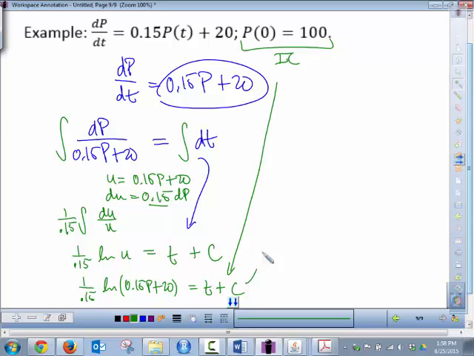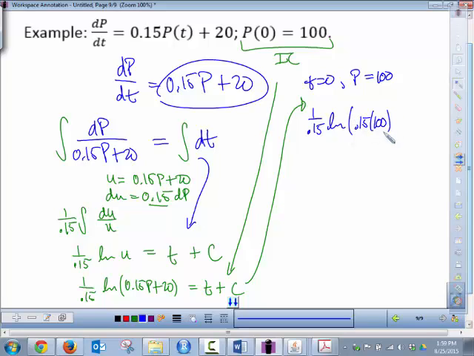So I'm going to put in my initial conditions, which was the t value is equal to 0. When t is equal to 0, your p value is equal to 100. So I'm going to put that in right now. That's 1 over 0.15 ln of 0.15 times 100 plus 20 is equal to 0 plus c. So c is almost solved for here. And I just need to simplify this a little bit.